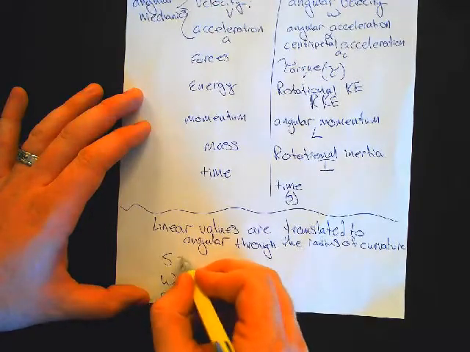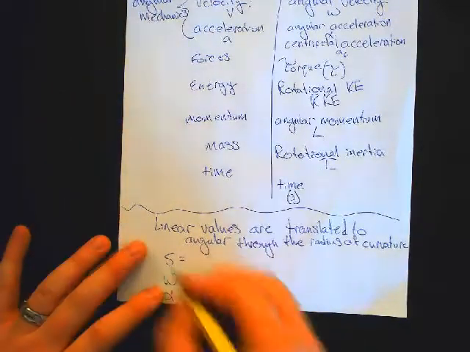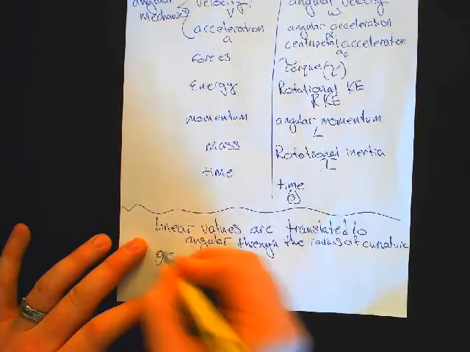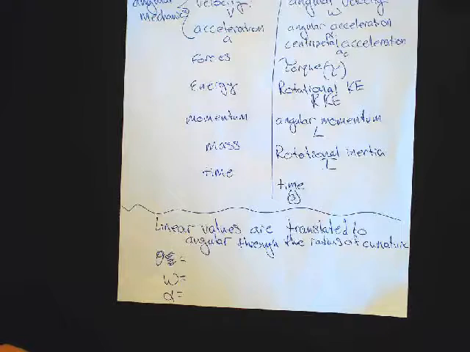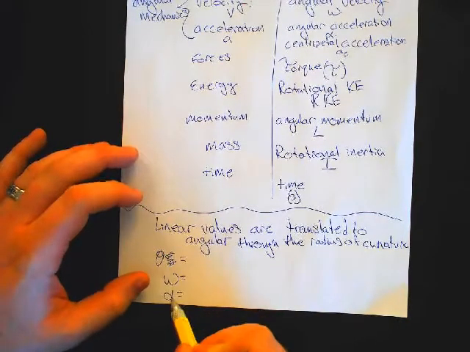Okay? Each one of these, oops, I didn't want S, I wanted theta. I'm sorry. So theta, omega, and alpha. Each one of these is the angular version. S is arc length. We'll get there in a second. It's the same as delta x.